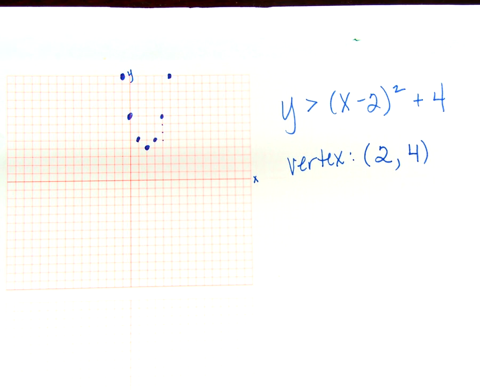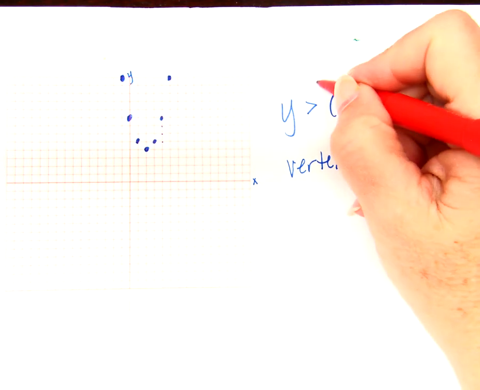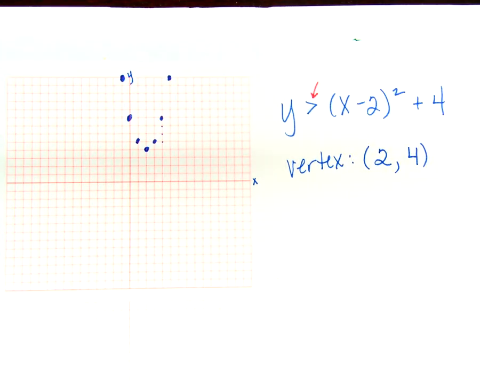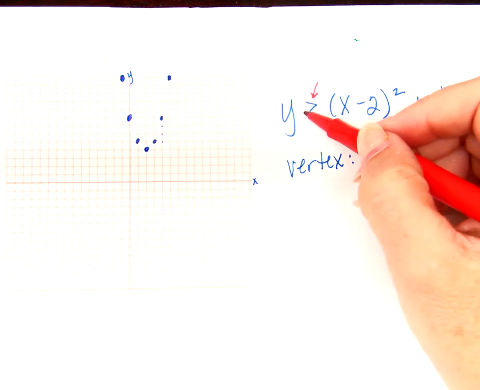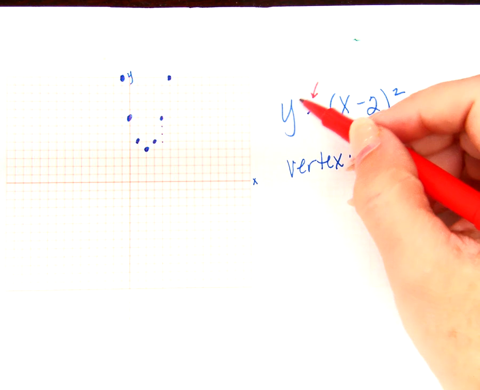Now it's time to draw the parabola, but before I draw it, I have to look at the sign. What is the sign going to tell me? If it is solid or dotted. Is this one solid or dotted? How do you know? It's just greater than. Or in this case, it could also be just less than, right?